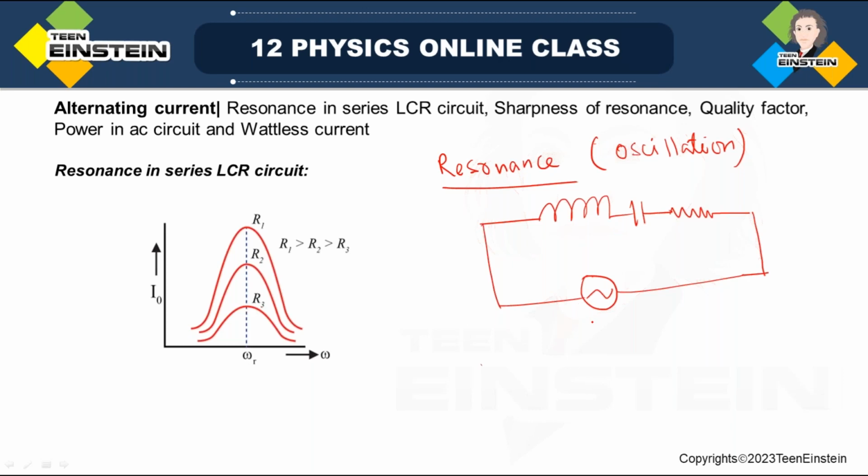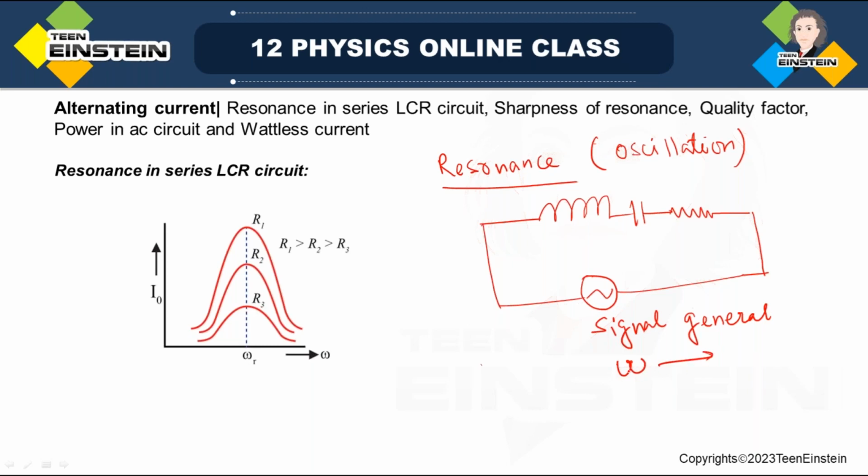It has some certain frequency, but with the signal generator I can vary the frequency as well. You might have seen in your basic courses a signal generator where we can vary the frequency.